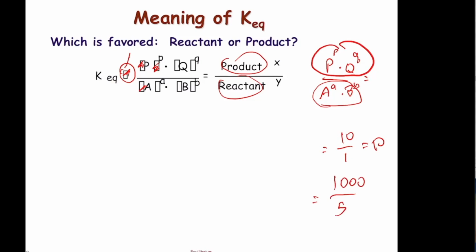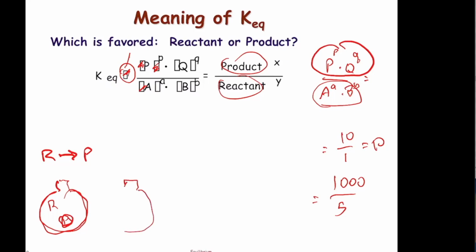So when your product dominates the mixture, because when you have a reaction contained in a reaction vessel, you have both chemicals present in that vessel. The population of the product is going to be bigger than the reactant when the K equilibrium is large. When the K equilibrium is small, then the population of the reactant is going to be way bigger compared to the product.